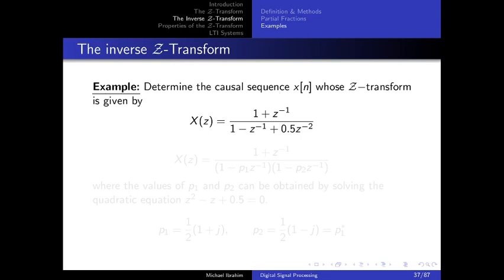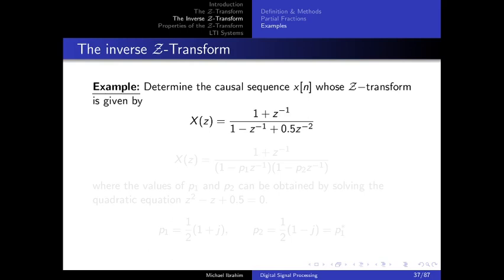So we are given that x of n is a right-sided sequence, which means the region of convergence must be going outward. So when the question asks you for the causal sequence, it is simply telling you to solve only for the ROC which is going outward, as if it's actually specifying one ROC which we can use in our solution.